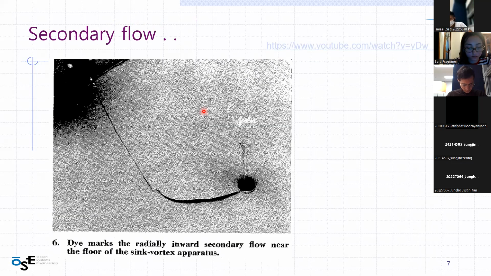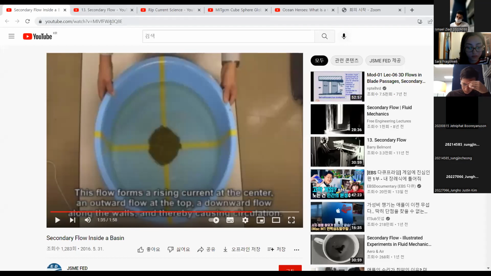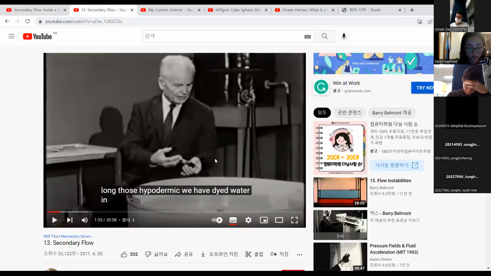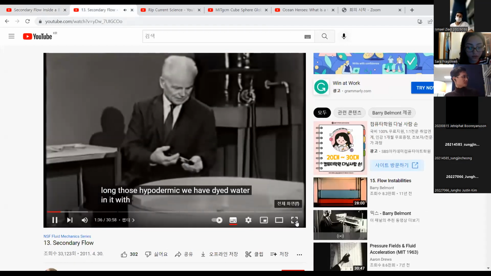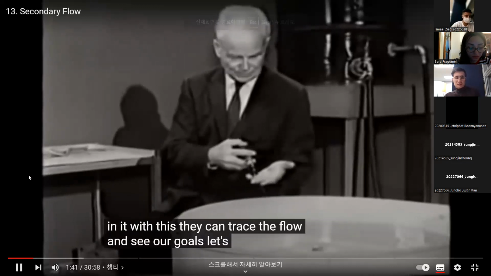And the flow pattern is different according to the depth. And this video shows the flow is different according to the depth. With this, I can trace the flow and see where it goes.